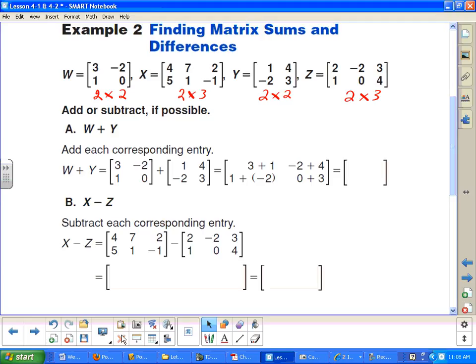So we'll add 3 plus 1, negative 2 plus 4, 1 plus negative 2, and 0 plus 3. When you do this, you don't have to do this step. That's up to you if you want to write it out. You're intelligent enough that you don't necessarily need to write that step. If you want to, you're more than welcome to, but you don't have to.